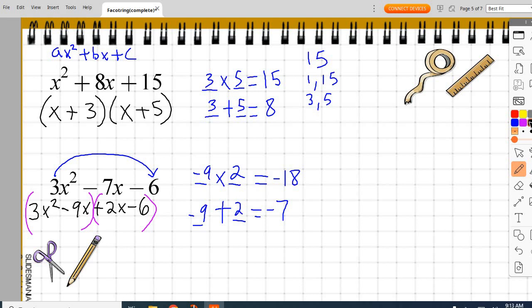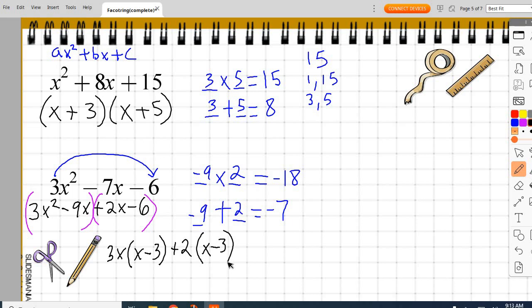Almost. 3x. And so then we're left with an x minus 3. What is the GCF of my second group? A positive 2. You do want to put the sign there because it is going to help us in a second. So it is positive, and we are also left with x minus 3.